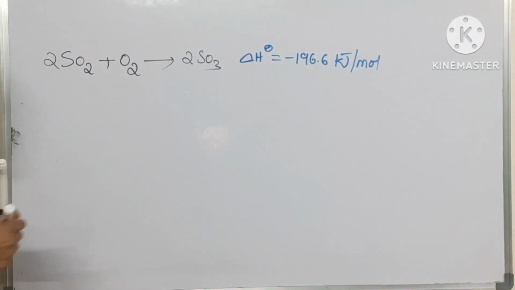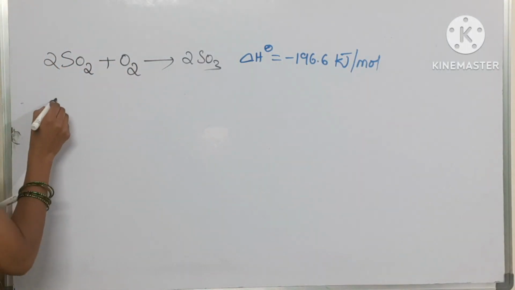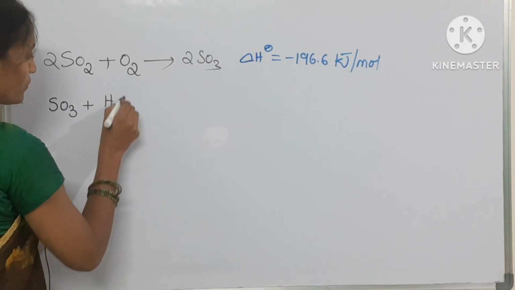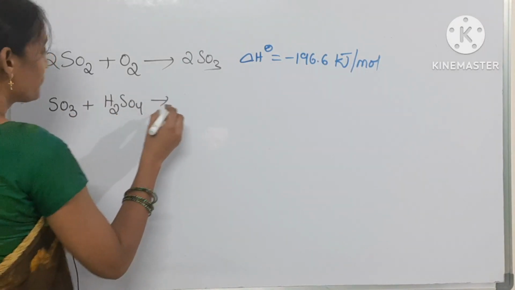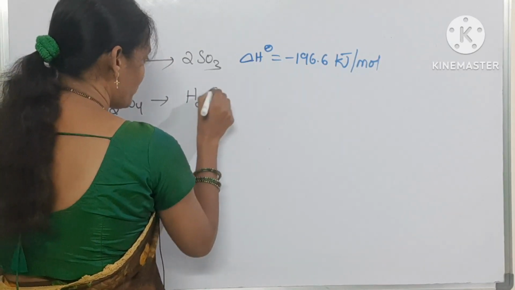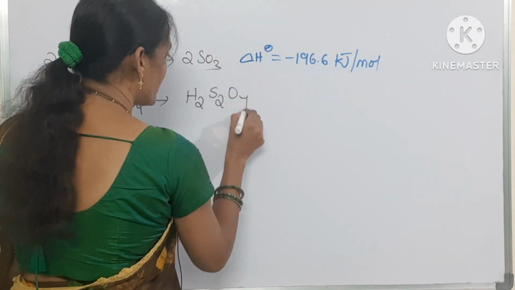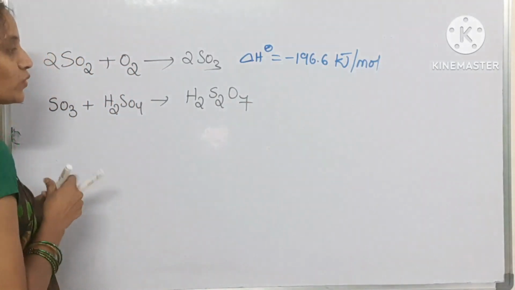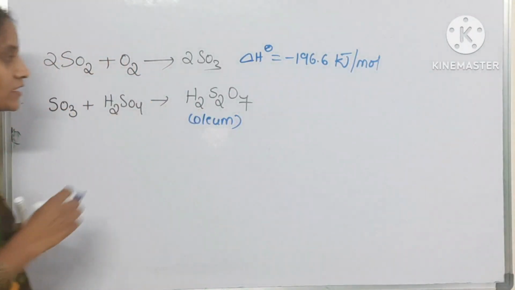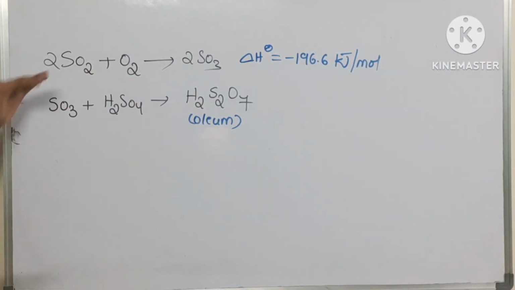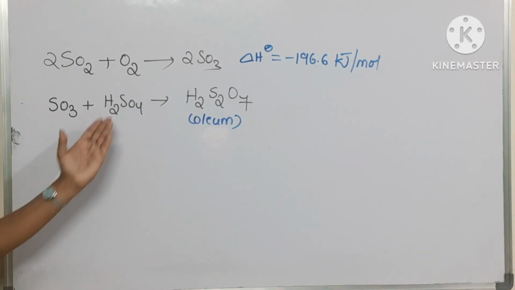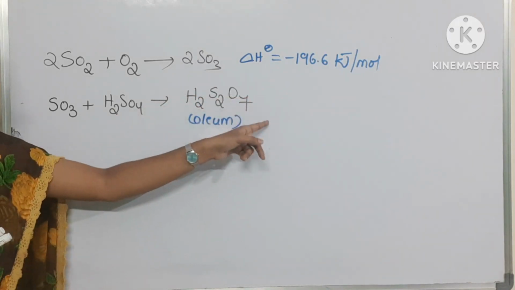This formed sulfur trioxide SO3 reacts with H2SO4, and you will get the fuming sulfuric acid. H2S2O7 is the fuming sulfuric acid, which is nothing but oleum. Just now we have discussed it. From this one we are going to extract sulfuric acid.